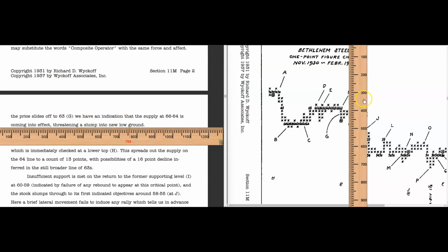Yeah, no kidding. I mean, all I did was count. It broke down, and now we know that it's threatening a new low. Why? Because the projection is at least 58 to 55. That's the projection we did from resistance, and that's a new low.